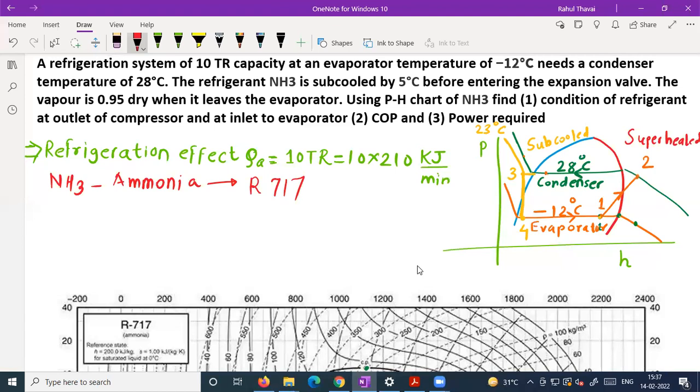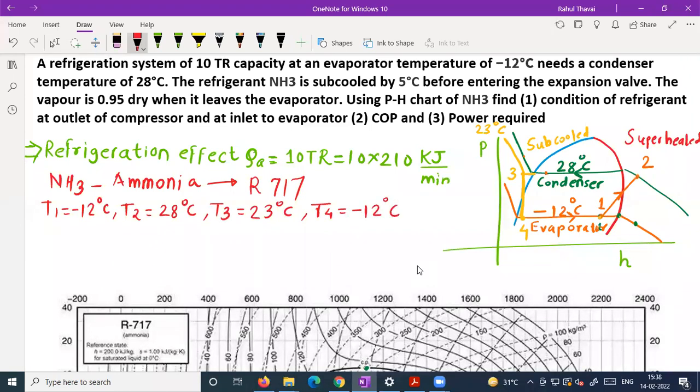At point number 4, -12 degrees Celsius. If you want, I'll write it down. T1 is given as -12 degrees Celsius, T2 as 28 degrees Celsius, T3 as 23 degrees Celsius, and T4 again as -12 degrees Celsius, right?